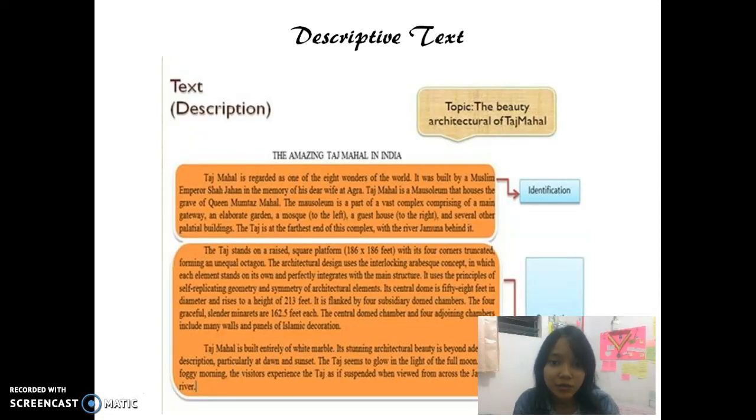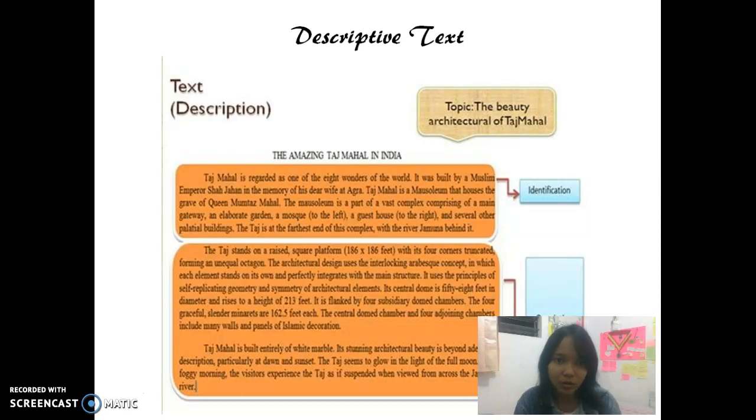For the first paragraph, it is the identification. In descriptive text, the introduction might be followed by identification as well, because the first paragraph gives clearer information for the readers.